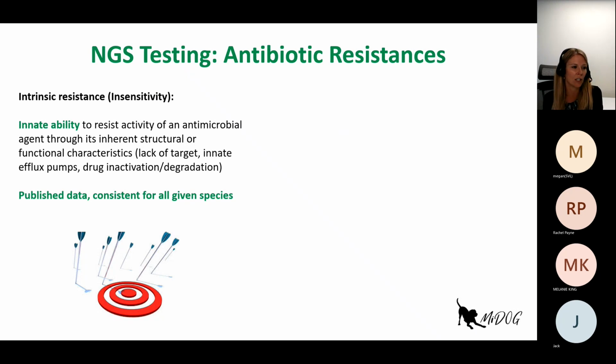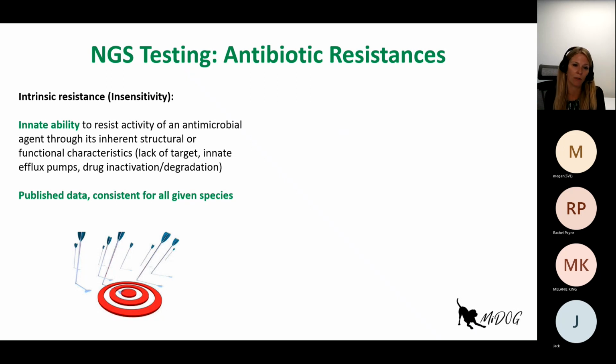Antibiotics usually target different parts of the life cycle of a bacterium in order to kill it. So that could be the Krebs cycle or breaking open the cell wall so those bacteria literally leak out. So if a bacterium is missing that specific target of an antibiotic, it will be resistant. For example, if it doesn't have a cell wall and the antibiotic is targeting a cell wall, it won't work.